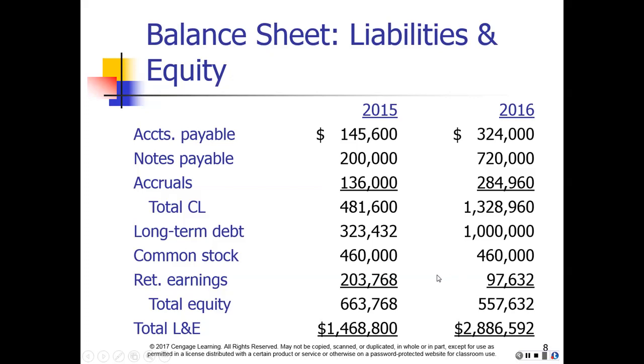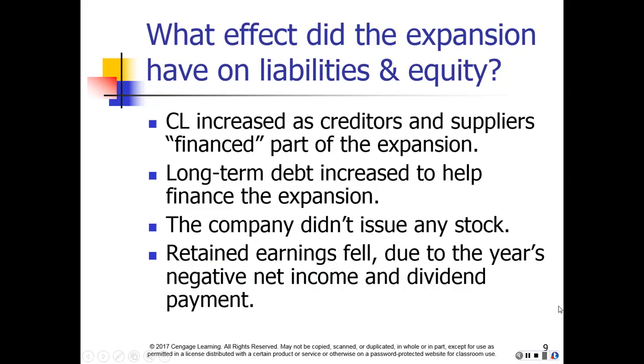So we used a mix of debt and equity to finance the new investment. And of course, total liabilities and equities should match the total assets from the asset side of the balance sheet. So that's what we see from the liability side.